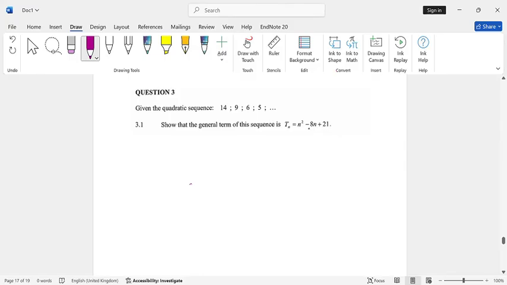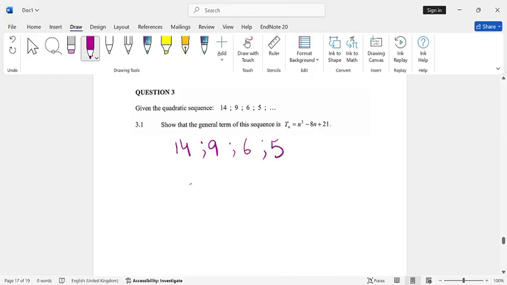Okay, so what I have to do in this? We have a sequence over here, which is B. As you can see that we have 14, 9, 6, 5.